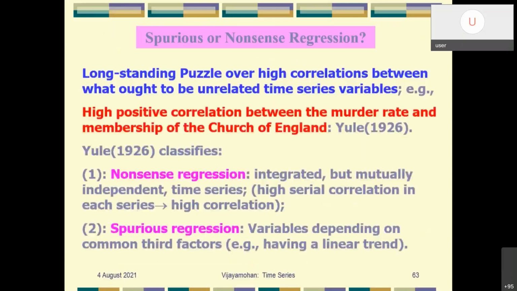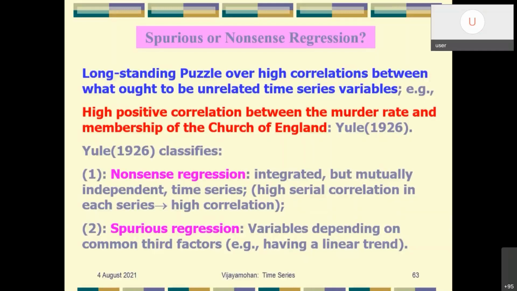Now, there is a long-standing puzzle over high correlations between what ought to be unrelated time series variables. For example, the high positive correlation between the murder rate and membership of the Church of England. This was the study done by Yule in 1926. I told you about George Udny Yule, from whom originated the autoregression process in 1926.